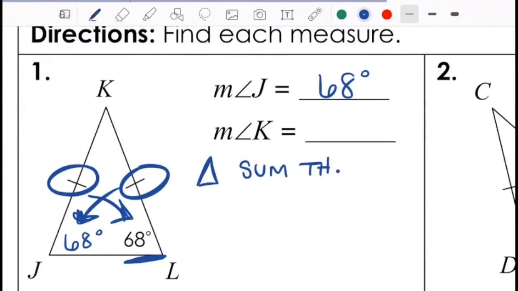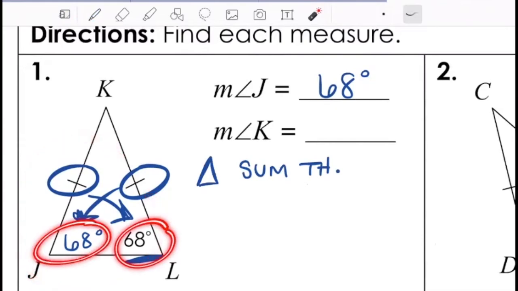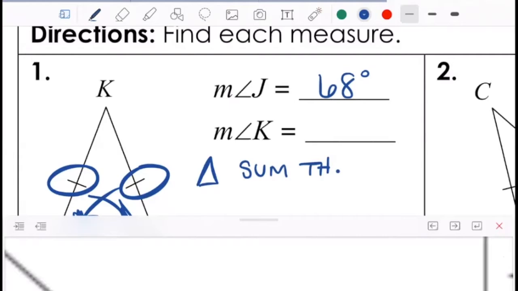So remember, the triangle sum theorem tells me that all three of these angles, L, J, and K, are going to add up to 180. I'm sorry, I saw 68 and I went with it.